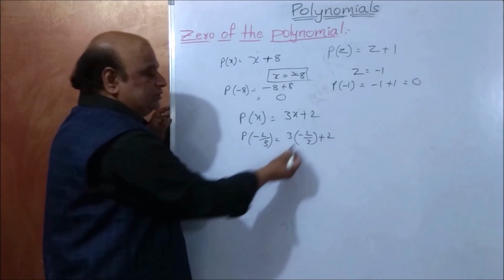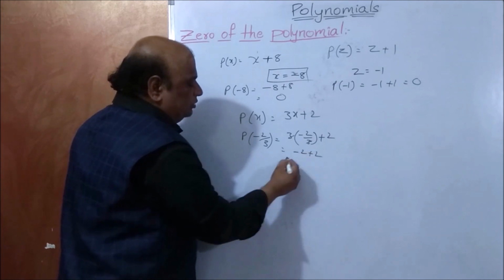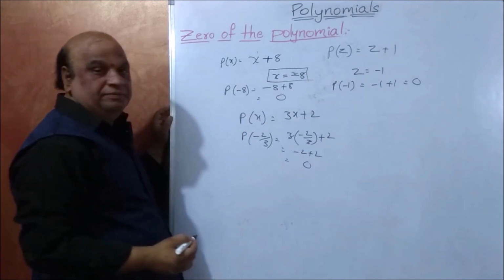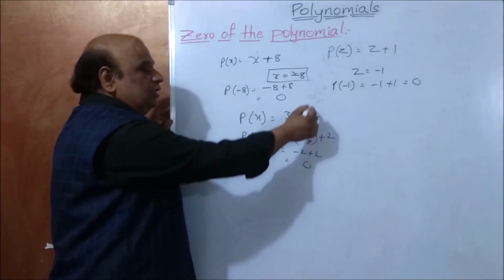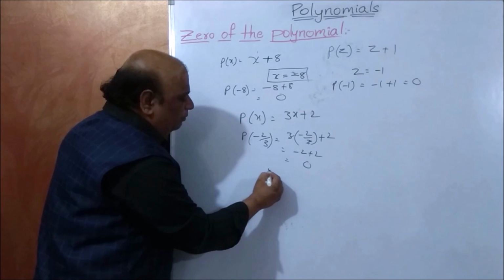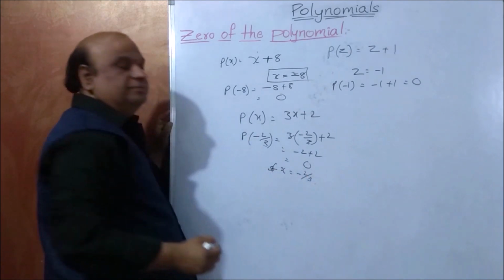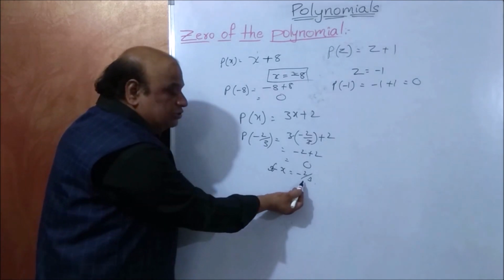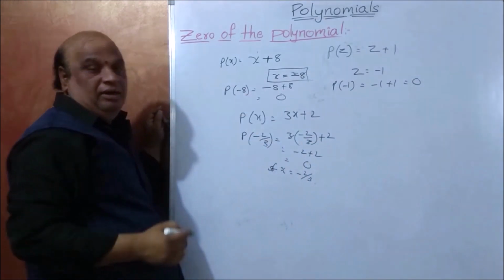If you simplify this, the 3 cancels. That is minus 2 plus 2, which is equal to 0. So this polynomial is 0 when x is equal to minus 2 by 3.